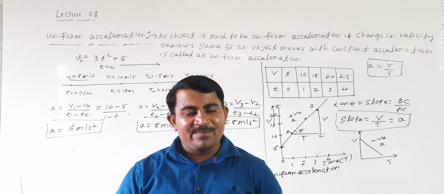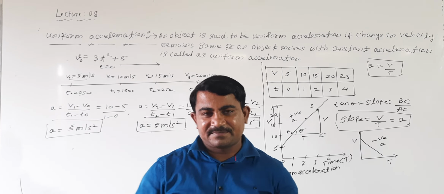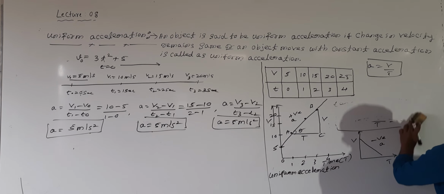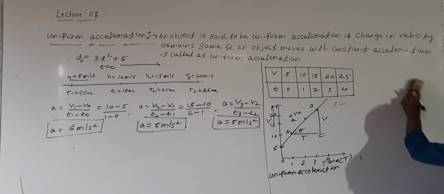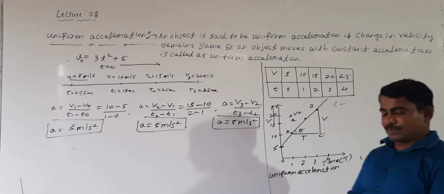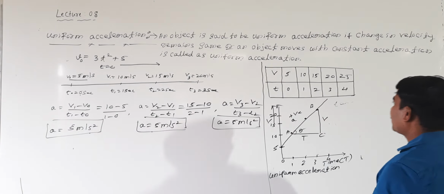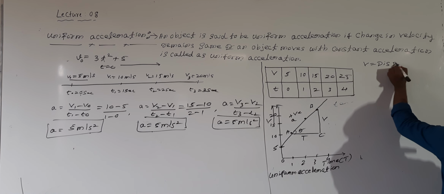On the same graph, if we take the area, then what does the area indicate? That we will see here. Instead of slope, I will take the area. Students, first of all we know the definition of velocity. Velocity equals displacement divided by time.